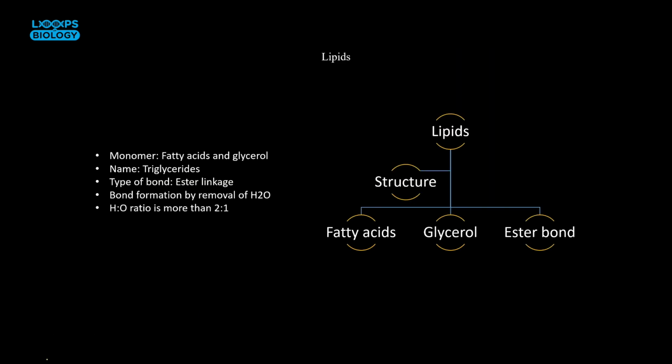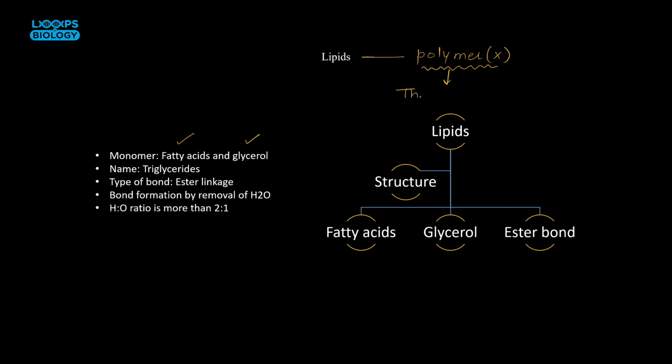All right, let's move on to the next biomolecules, that is nothing but your lipids. If I'm talking about lipids, the monomers are again going to be fatty acids and glycerol. So here there are two monomers, but the complete structure of lipid is not in a repeating form. The lipids are not polymers. All right. Why not polymer?